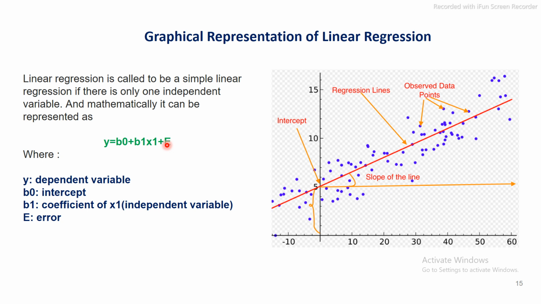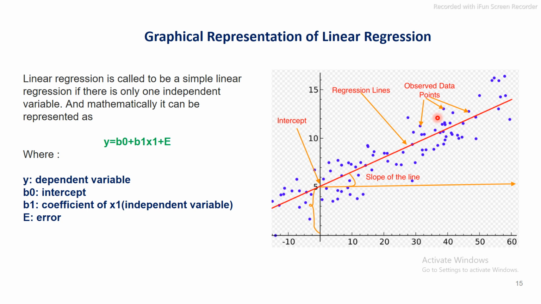If you see this one, the slope of the line, if you draw a line like this, is nothing but b1, and this is the intercept, your b0. This is your regression line, and these are the observed data.